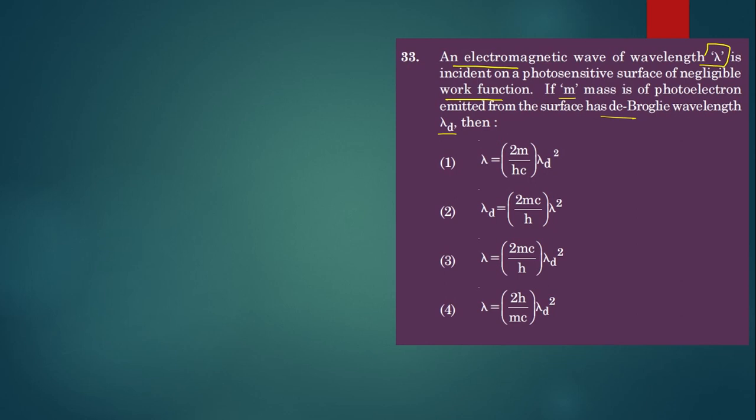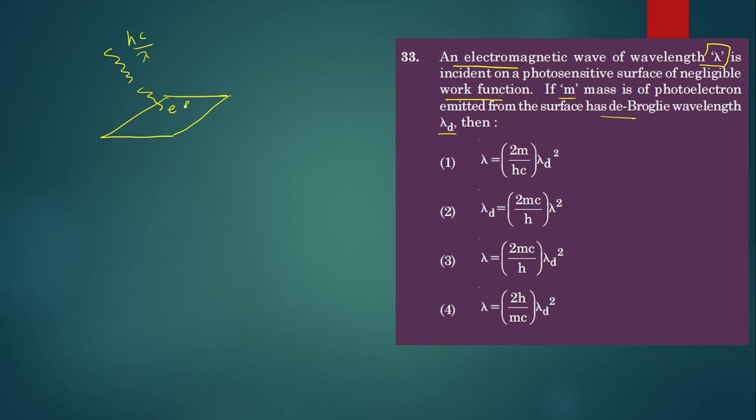Let's understand the description of the question a bit closer. According to this question, let's say this is the photosensitive metal. So the photons with energy, let's say hc by lambda. I'm writing it in terms of lambda because the question is mentioning lambda.